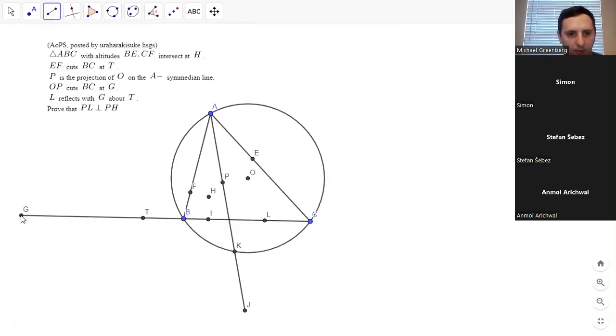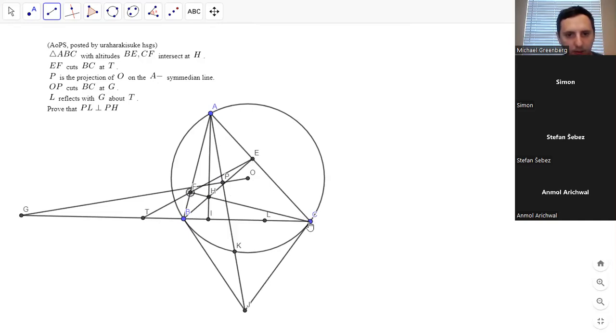We have this, this, this and this, and EF cuts BC at T, and then this is the orthocenter. Yeah, this is the whole diagram.